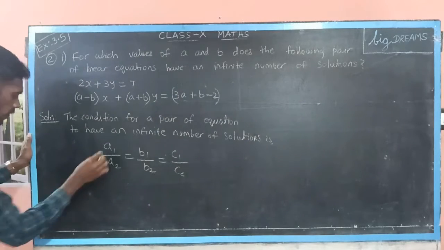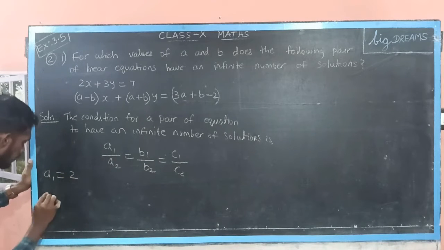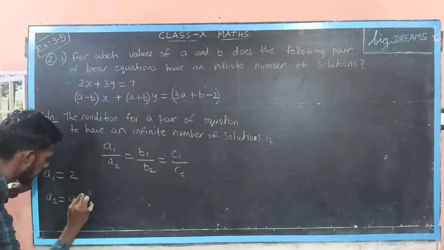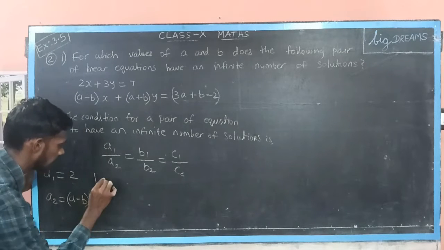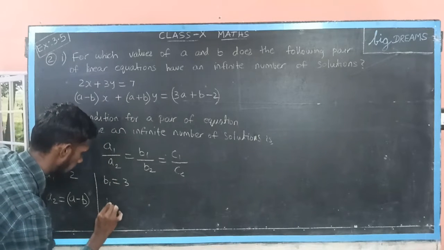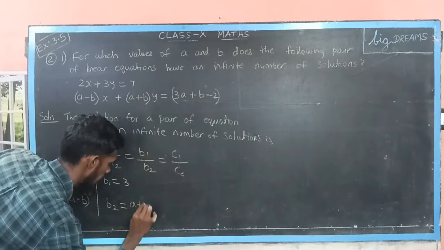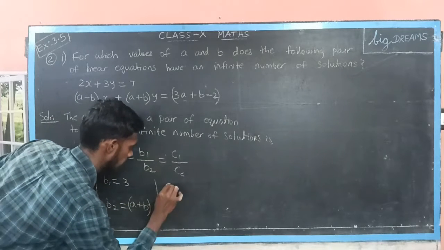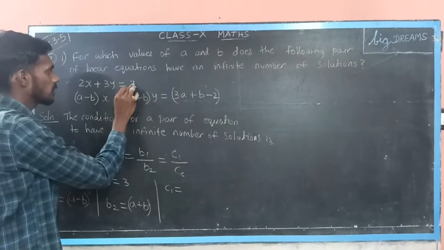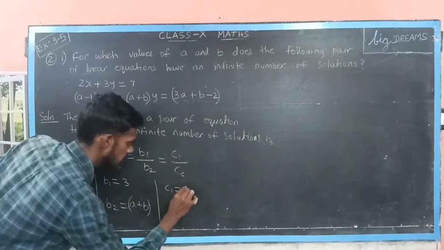Now pick out the values of a1, which is 2, then a2, the coefficient of x in the second equation, which is a minus b, then b1 value, which is 3, b2 value, the coefficient of y in the second equation, which is a plus b, then c1, which is minus 7, because when I write in the standard form this 7 goes to this side, so it becomes minus 7.